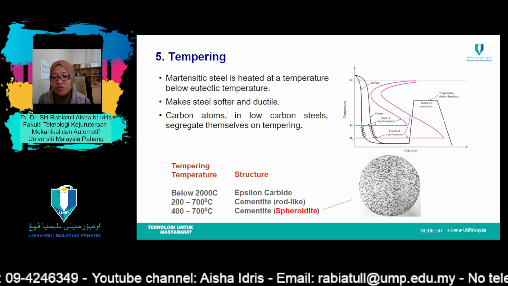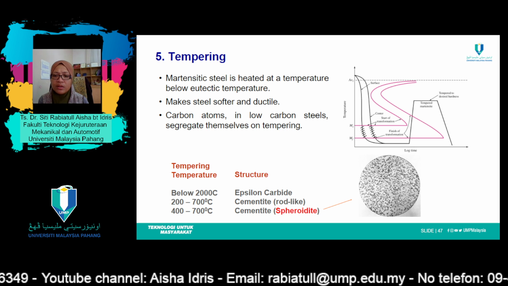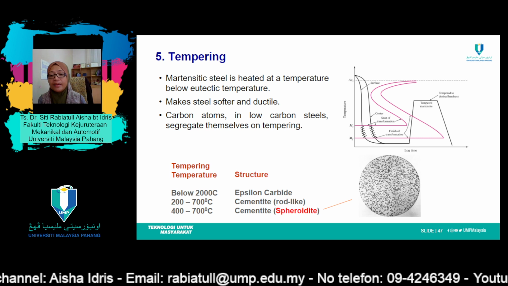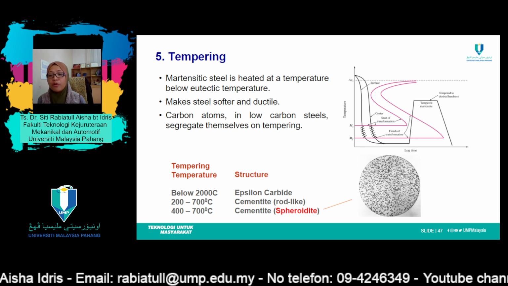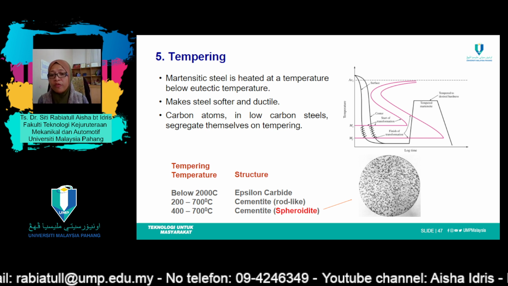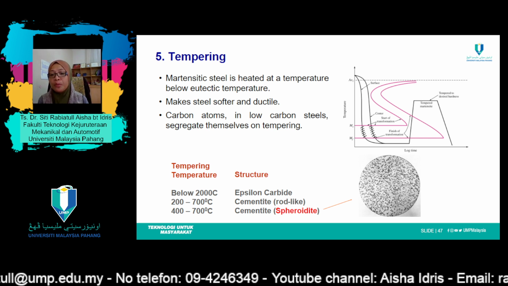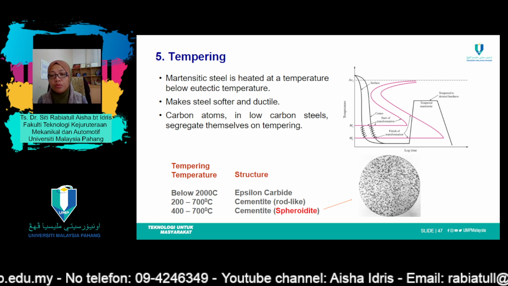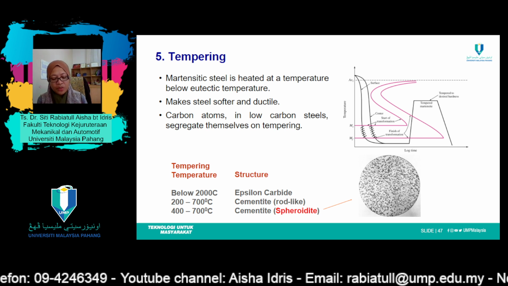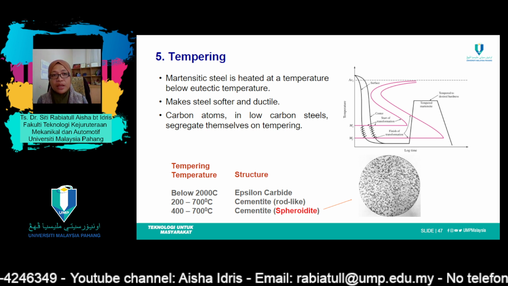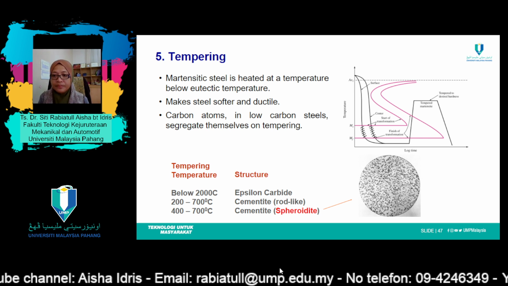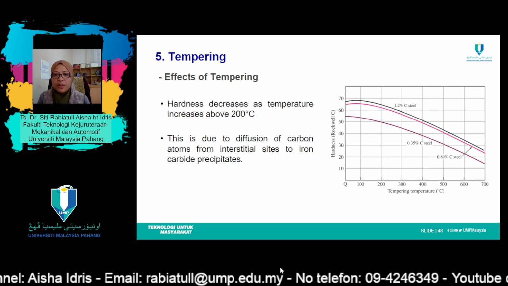For tempering, we can see several structures in it, like rod-like or spheroidite-like structures, and these structures form at different temperatures. That's why I said earlier, we need to control the temperature so that it produces only the microstructure that we need. So that is tempering.